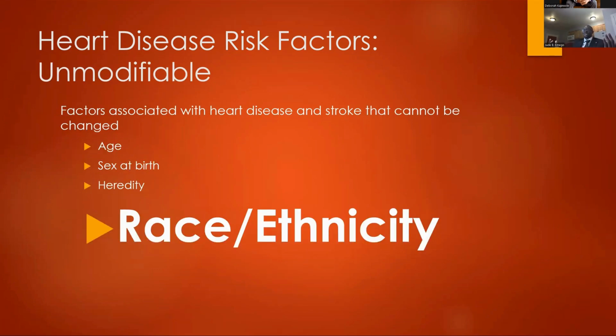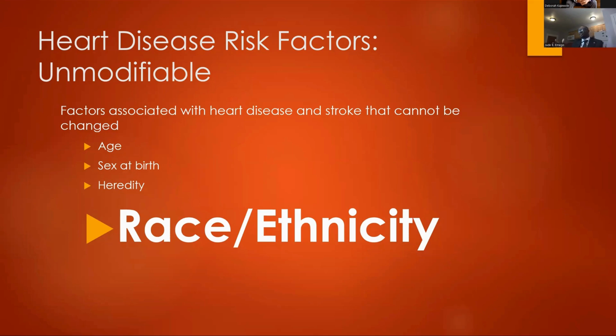Then this is unmodifiable. Since we don't have a lot of time, I could talk about it, but does it really matter? Because we can't really do anything about it. We're going to get old. Male or female, I mean biological sex at birth, because it determines the hormones, the body proportion, the fat distribution. And heredity, if we inherit something from our parents, we're not going to do anything about it.